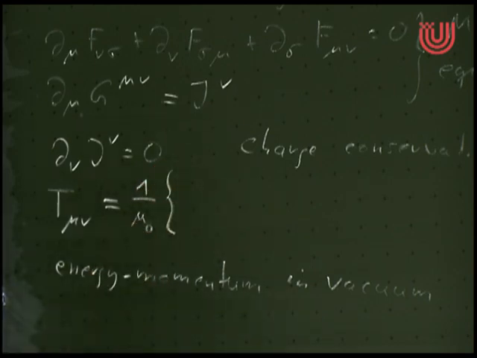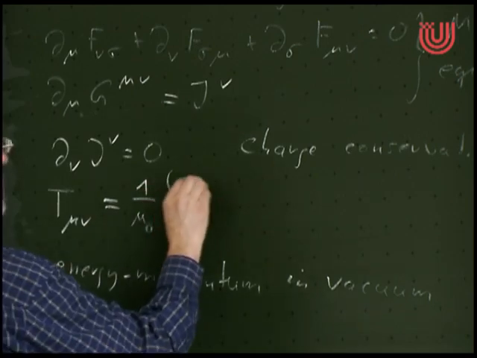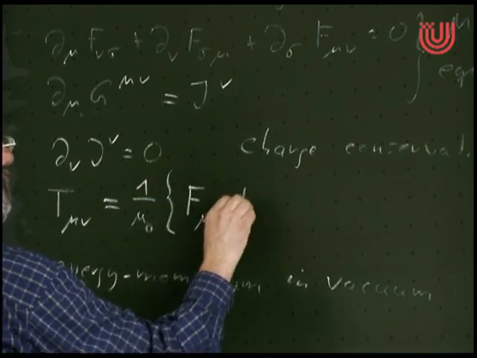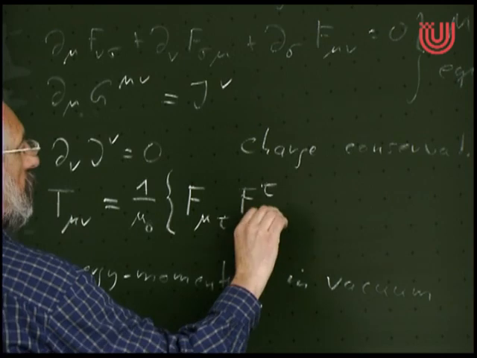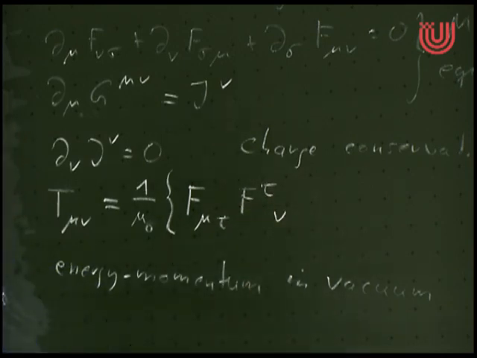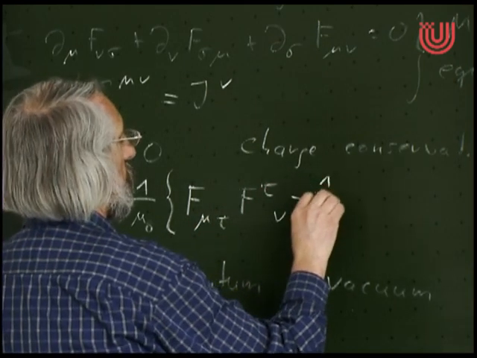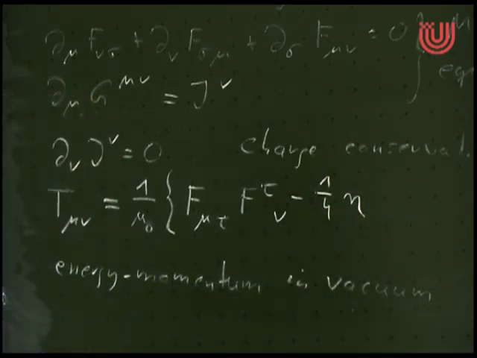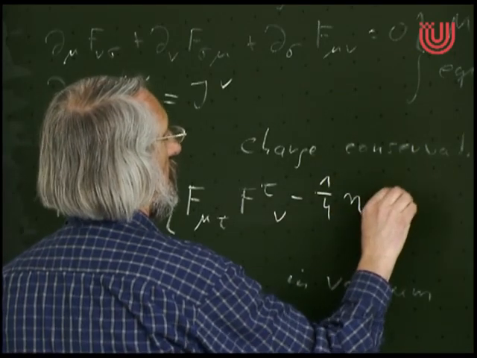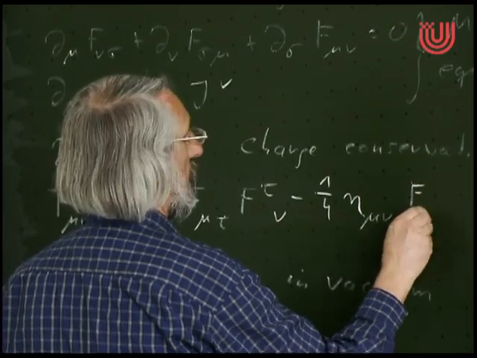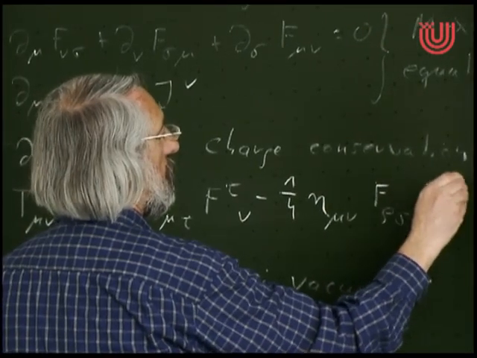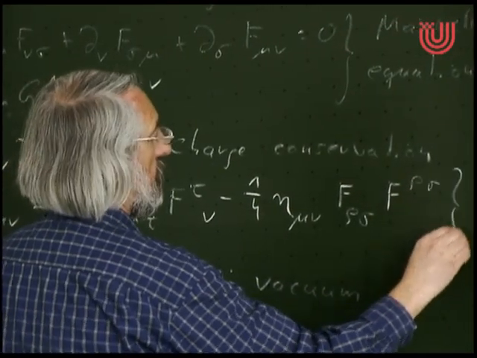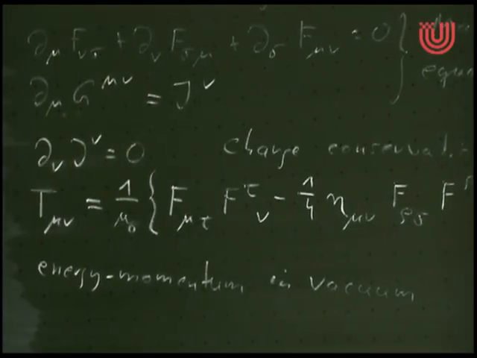How are the indices? F, the first one, then the summation index. So F_mu tau, F^tau nu, minus 1 over 4. And in special relativity, we had an eta_mu nu, and then F_rho sigma F^rho sigma. So this was the energy momentum tensor.